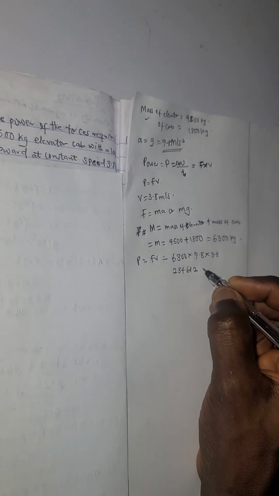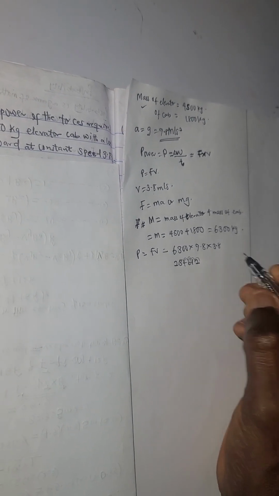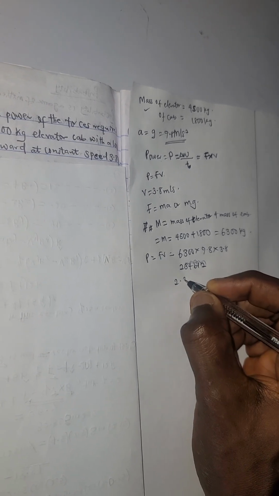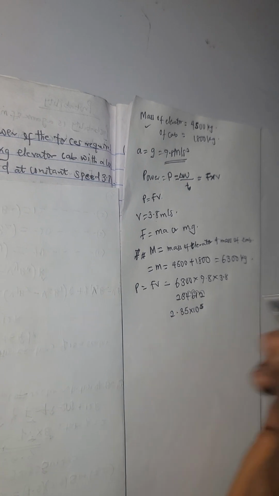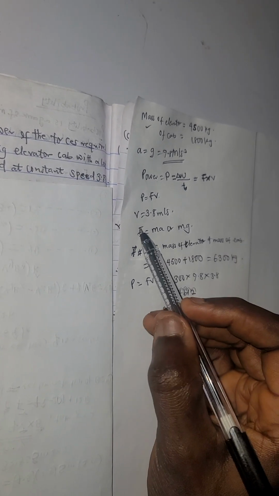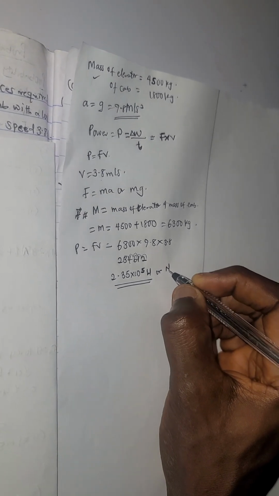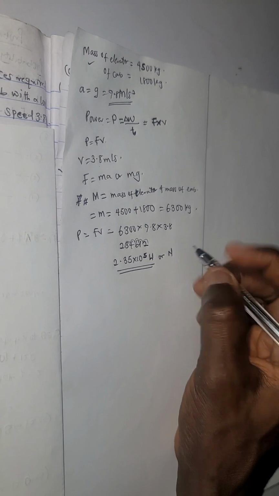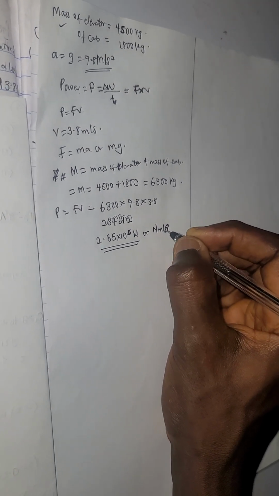When we take it in standard form, this will be 2.35 times 10 raised to power 5. What is the unit of power? Watt. Or we can relate it with force and velocity: force is Newton, velocity is meter per second. So that is the answer.